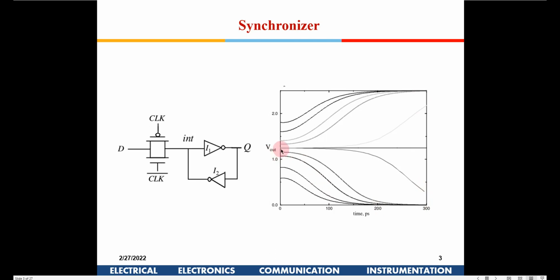If it is slightly higher than VM when I am sampling this, it will eventually go to VOH, and if the signal is below VM, eventually it will go to 0. This is how I am resolving the ambiguity while sampling this signal by using two back-to-back inverters.